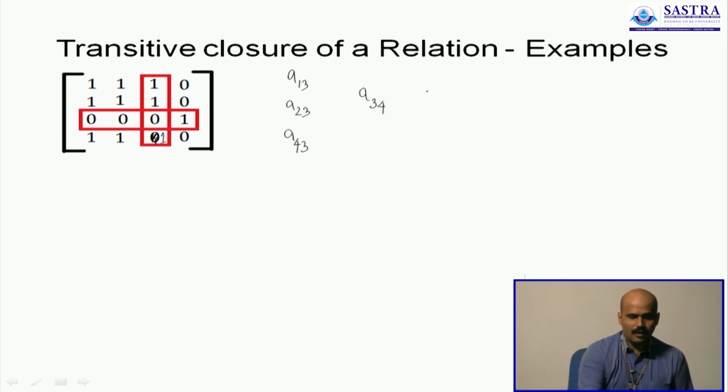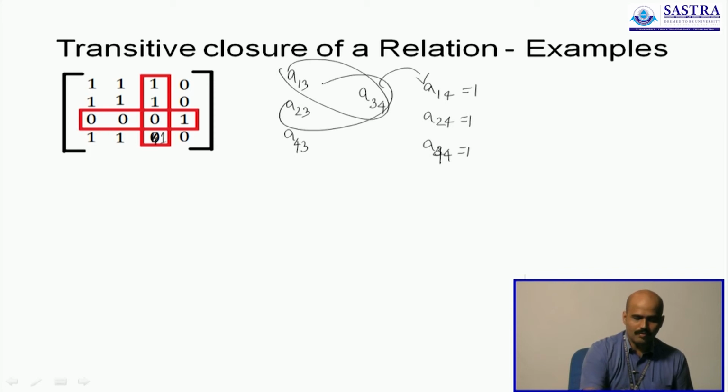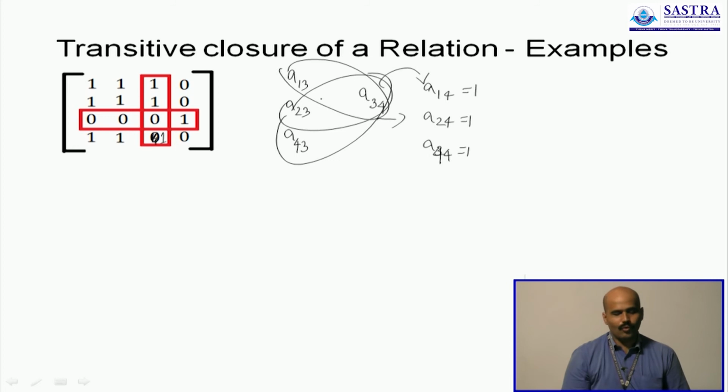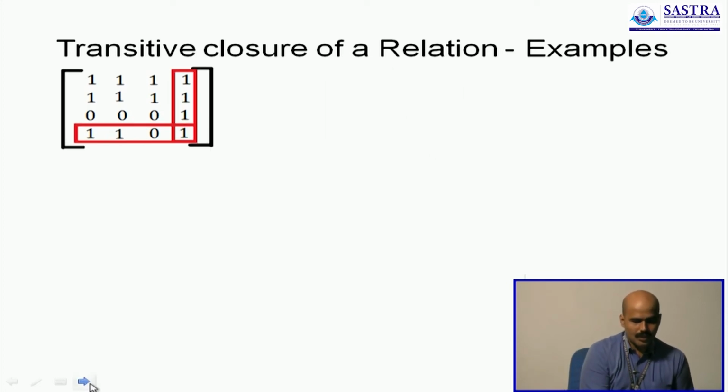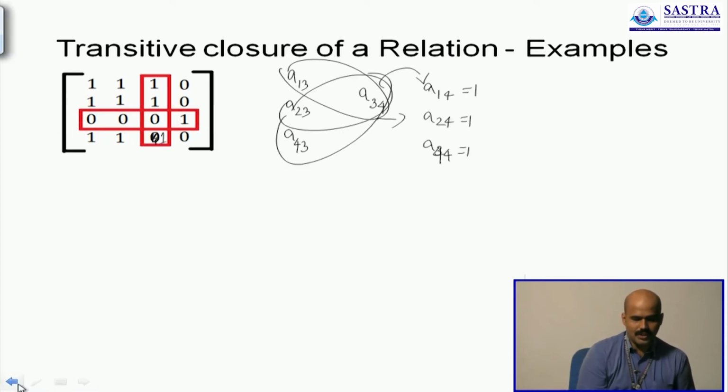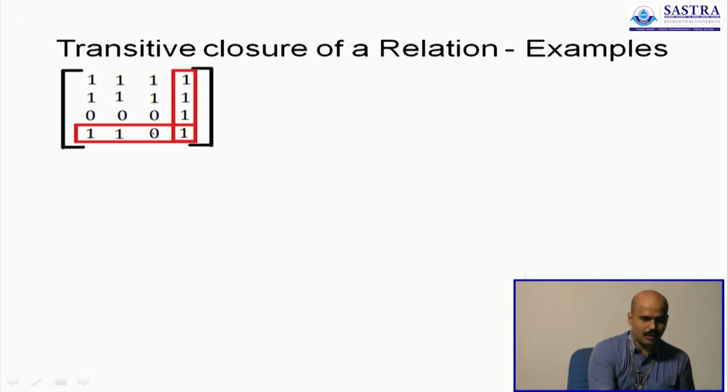So comparing, A14 will become a 1, A24 will become a 1, A44 will also become a 1. So 1 3 and 3 4 will give you 1 4, 2 3 and 3 4 will give you a 2 4, 4 3 and 3 4 will give you a 4 4. So there are 3 corrections, and that's what we will have in the next iteration. 1 4 is 1, 2 4 is 1, 4 4 is 1. This was already a 1.